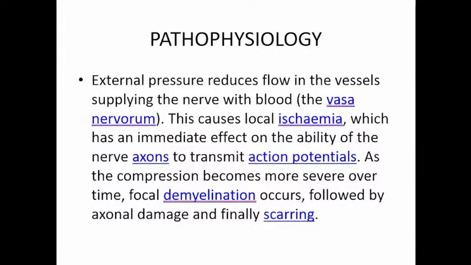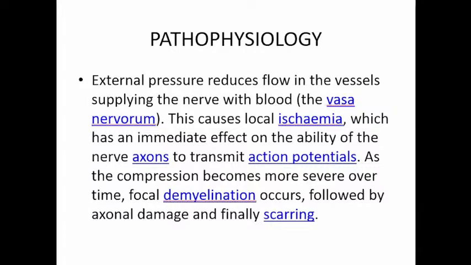Now, what happens? The explanation for nerve entrapment syndrome is that external pressure reduces flow in the vessels supplying the nerve with blood. Okay, and this causes local ischemia, which has an immediate effect on the ability of the nerve axons to transmit action potentials.